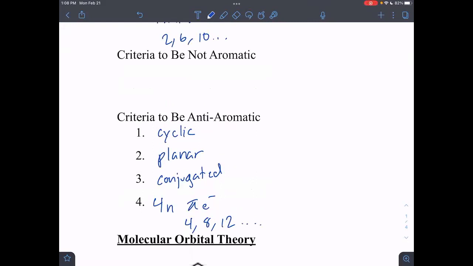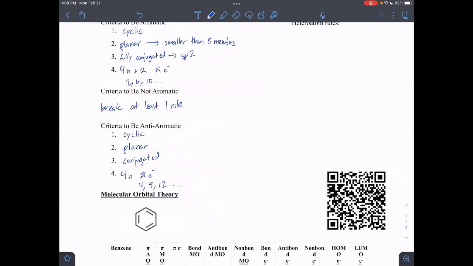And to be not aromatic or anti-aromatic, all you have to do is just break one of the rules. So if you have an sp3 carbon in the ring, or an odd number of radicals, because then you'll have an odd number of pi electrons, or if the molecule is linear, that's all going to make it not aromatic or anti. Cool.